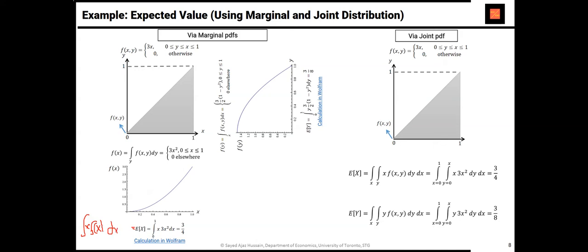And then you would have x times the density of x, which you can see is 3x squared right there, dx, and now integrate across all possible values of x, which are from 0 to 1, and the answer is 3/4.